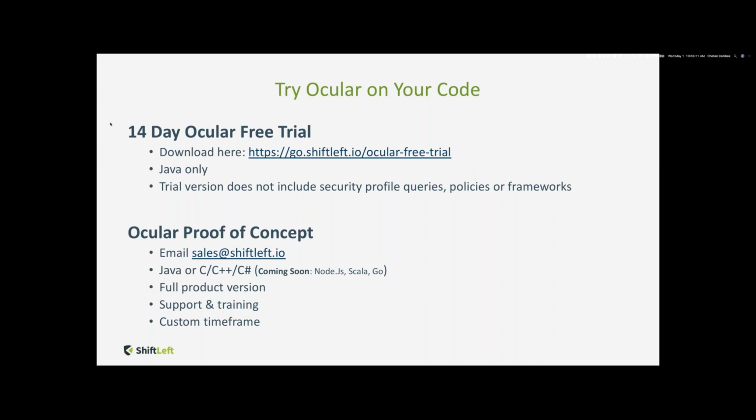Great. The next question that we have is, are there types of vulnerabilities that cannot be detected? Yes, there are certain variants of vulnerabilities that cannot be detected, and those are associated with remote code injection.